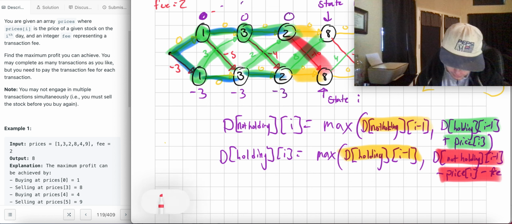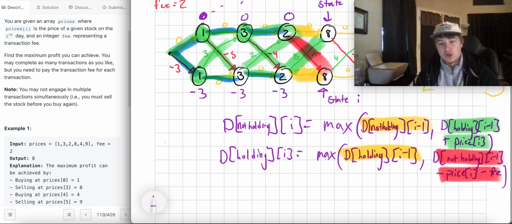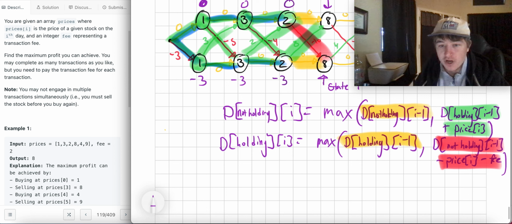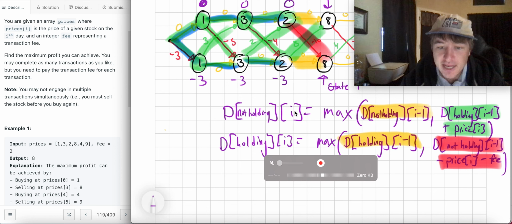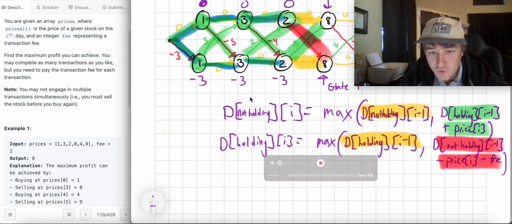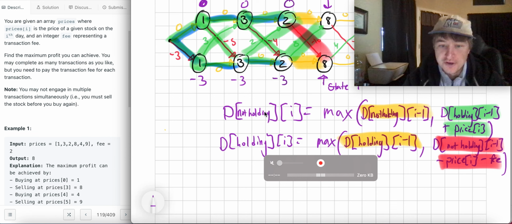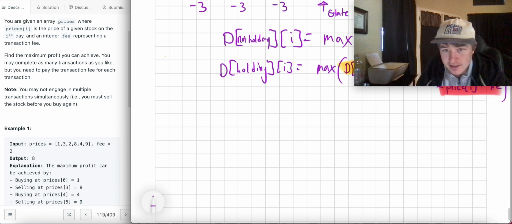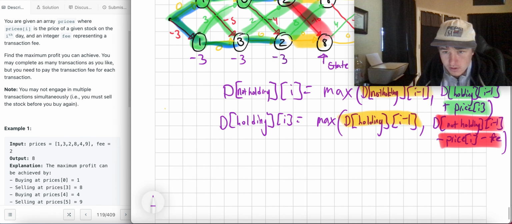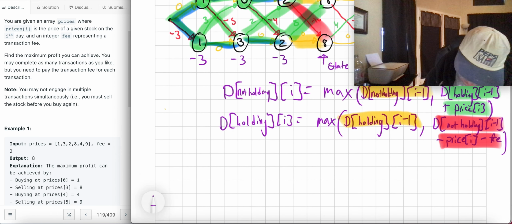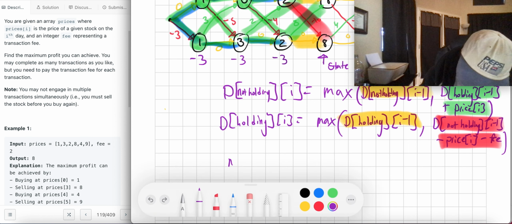So these are the two recurrence relationships. Notice since everything, like I said before, is based on the previous day, we can get constant space. Since we're only updating I based on I minus 1, we can just keep track of not holding and holding, and that'll get us the solution. I can rewrite this: I'll just call it NH.